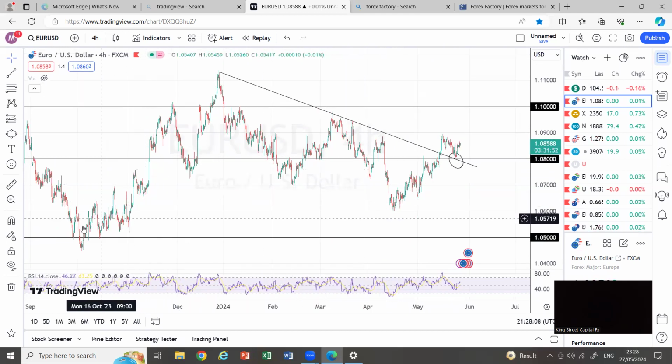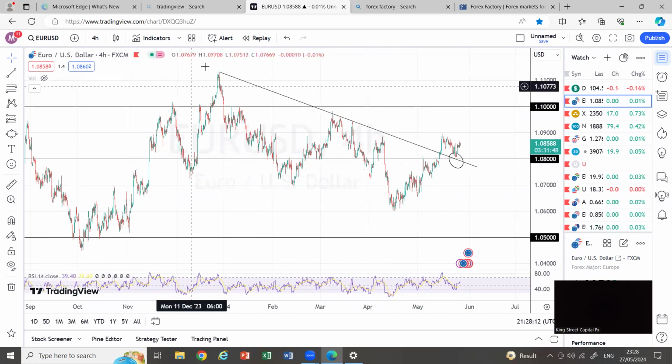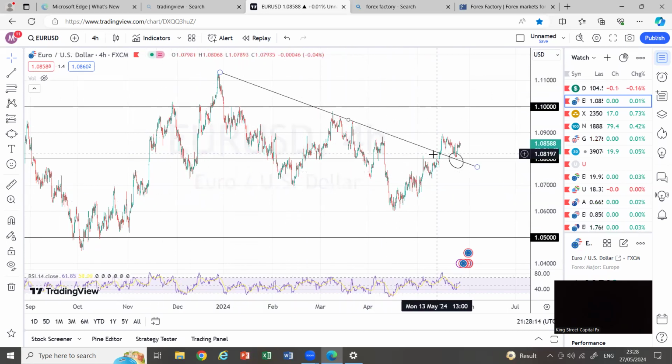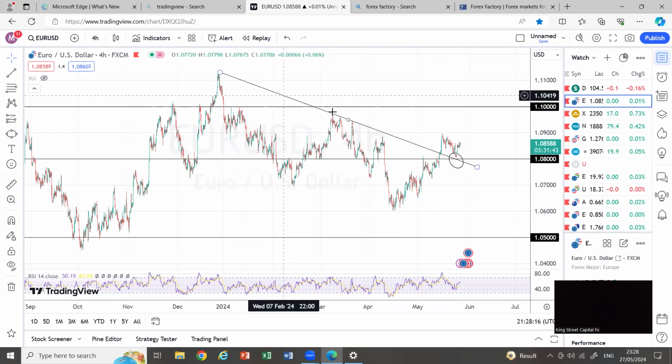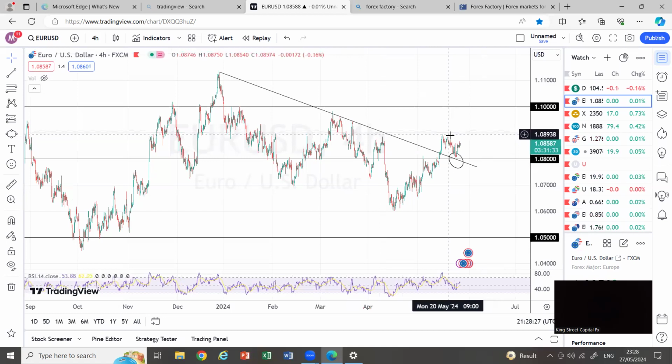Apologies. We saw price move towards the upside, gave us this flag-ish pattern, moving towards the downside. It gave us lower highs, lower lows. However, we broke this previous low. We broke this previous lower high right here.